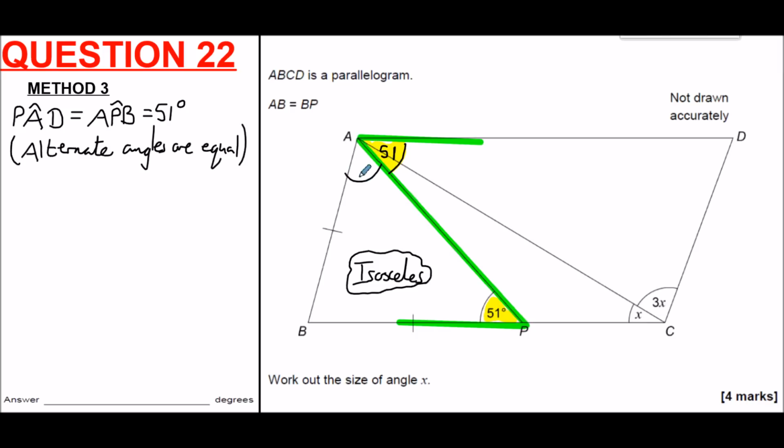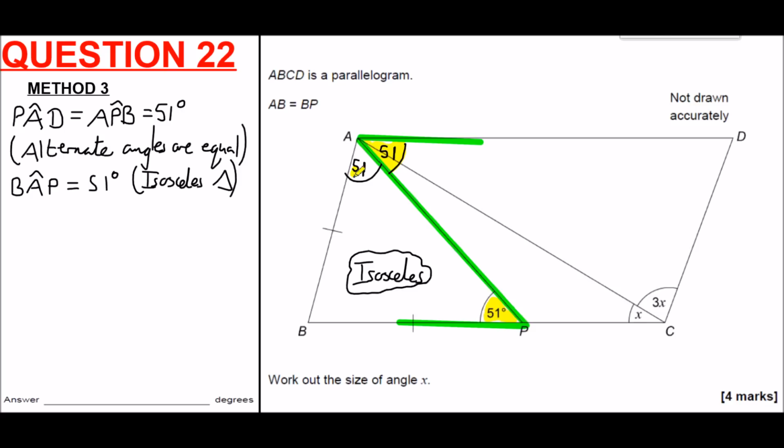Because this one's 51, angle BAP is also going to be 51 degrees too. So the reason we can do that is because we know it's an isosceles triangle, and the base angles are always the same.